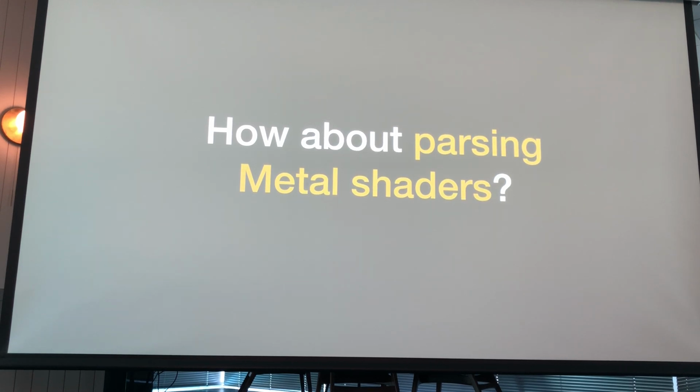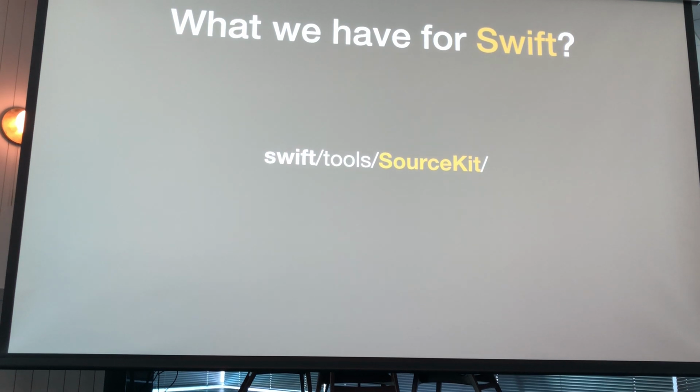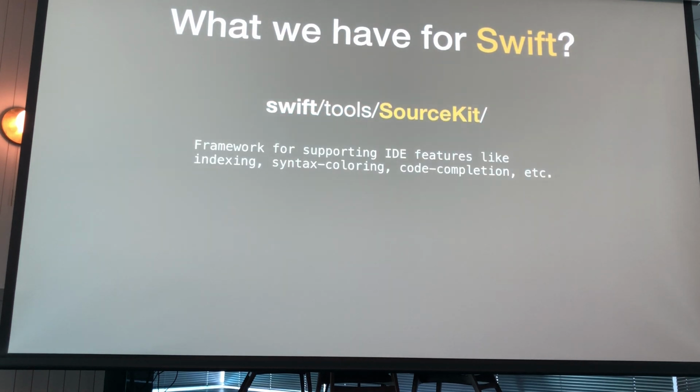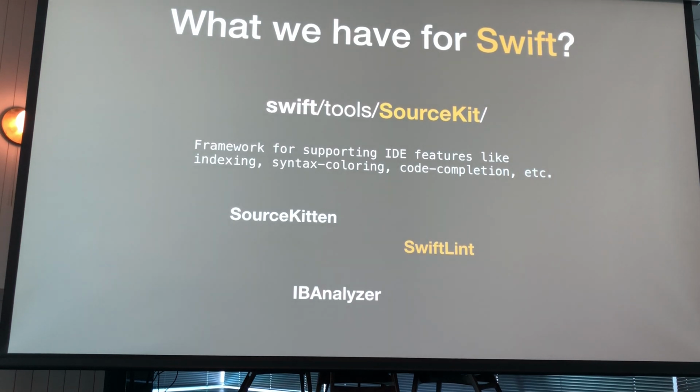To understand what approaches you have for parsing language files, we first looked at what we had for Swift. Swift has the thing called SourceKit, which is basically responsible for parsing all of the Swift-related stuff. It is usually used by IDEs for indexing, syntax coloring, and stuff like that. And there is a small infrastructure around SourceKit, like the SourceKitten library, that allows you to have runtime access to SourceKit. SwiftLint uses it, and the IB analyzer and stuff.